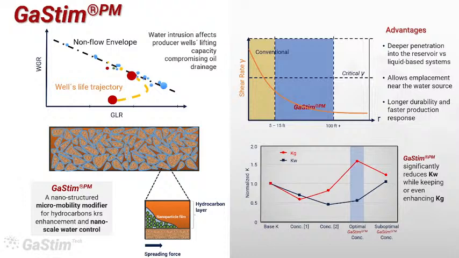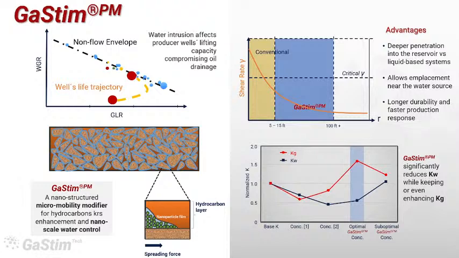If you see the top right graph, you will start to see the advantages of this type of gas application. With the GaStim PM, we can place that nanoparticle film way deeper into the reservoir when we compare it to conventional liquid-based applications.